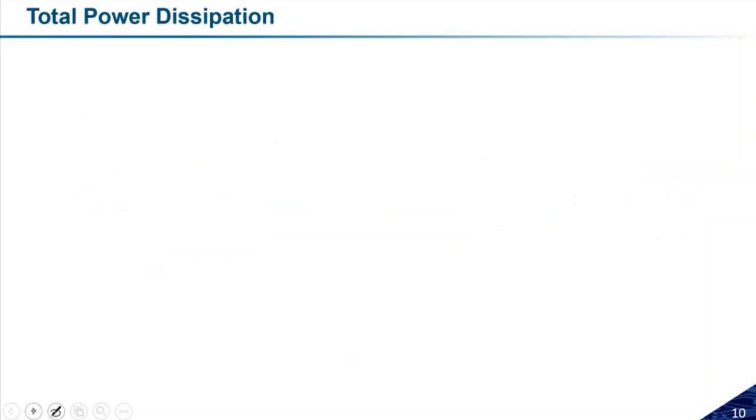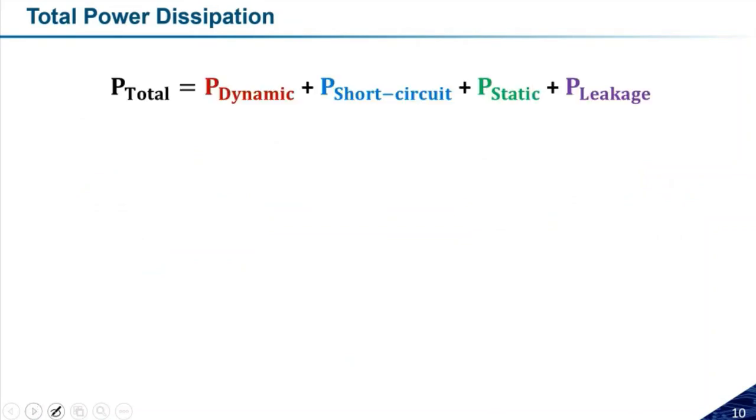Now let us try to summarize. As of now, we have studied four different kinds of power dissipation. The first one is dynamic power dissipation, the second is short circuit power dissipation, the third is static power dissipation, and the fourth is leakage power dissipation.